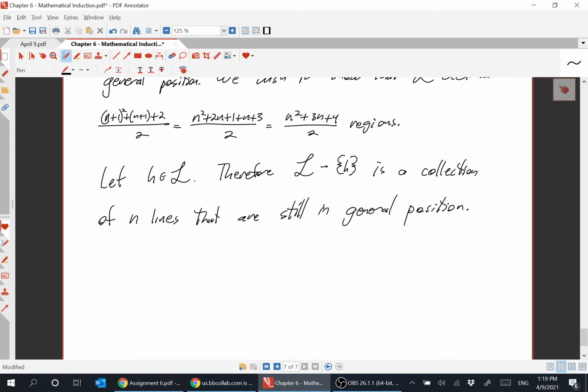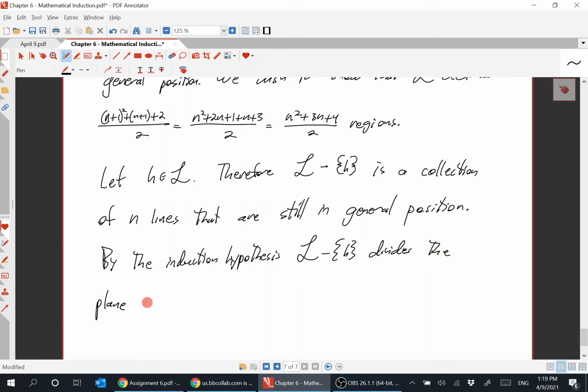The induction hypothesis. So by the induction hypothesis, L minus H divides the plane into n squared plus n plus 2 over 2 regions.